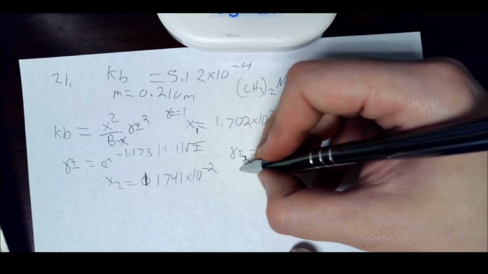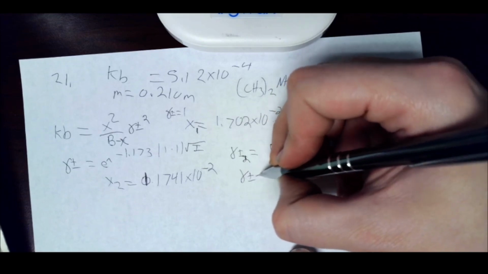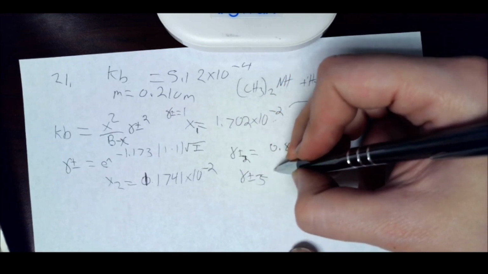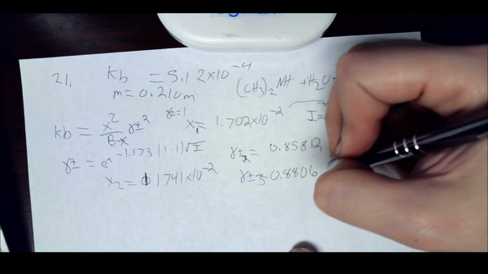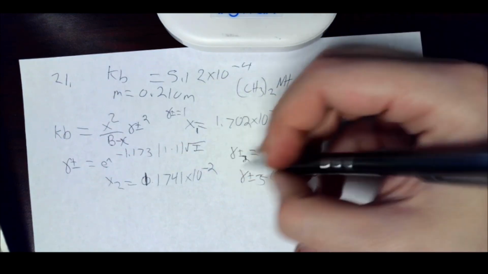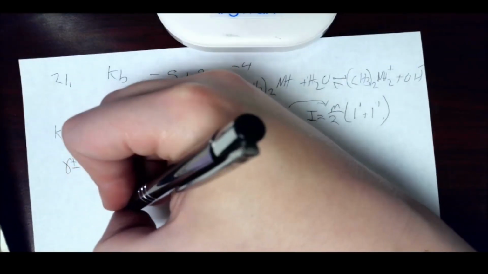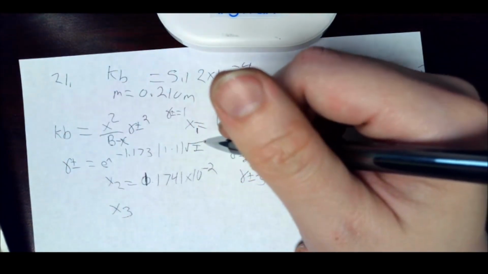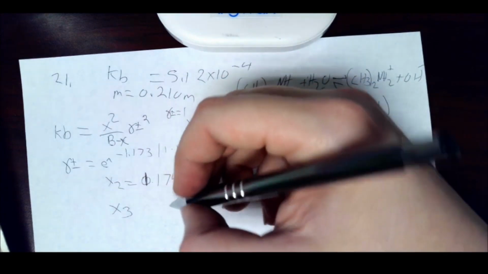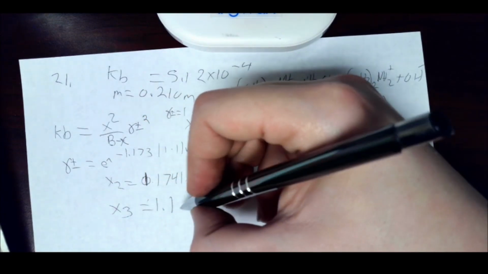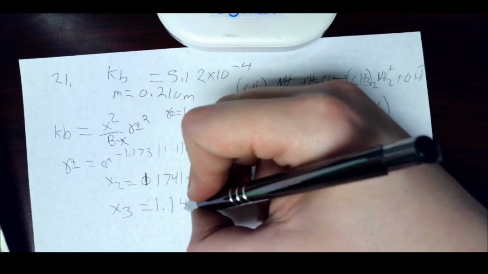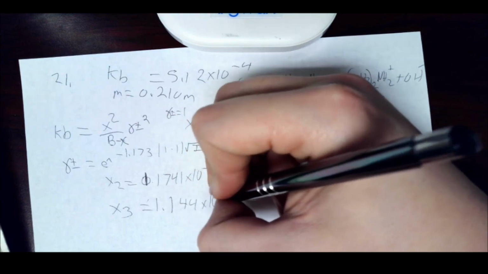And then we run that through, gamma plus or minus 3, we get 0.88065 now. Run it through again, x to the third is 1.144 times 10 to the negative second.